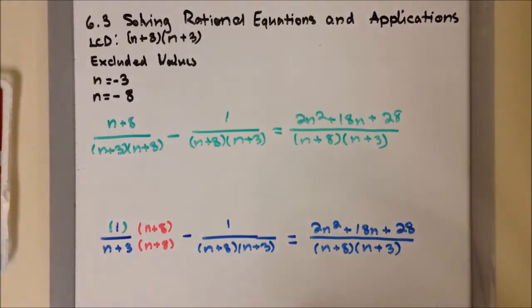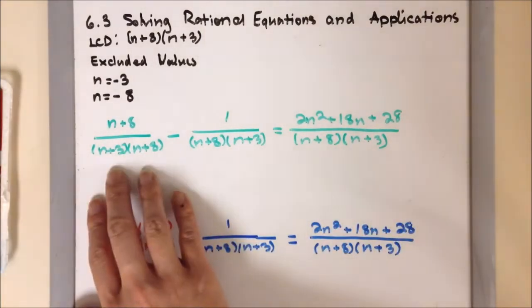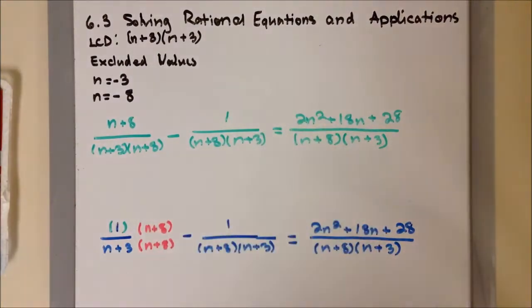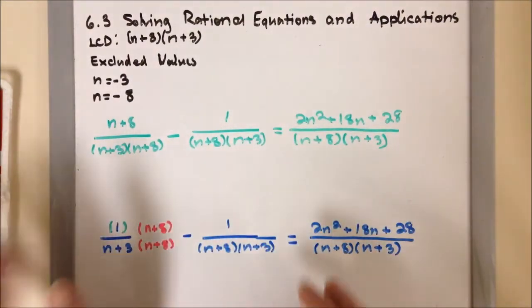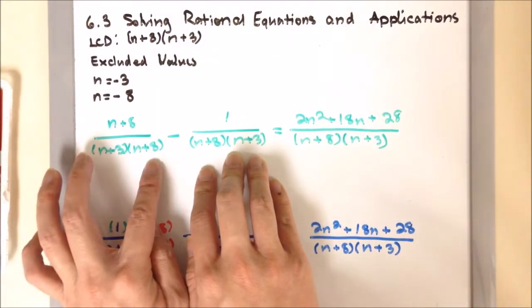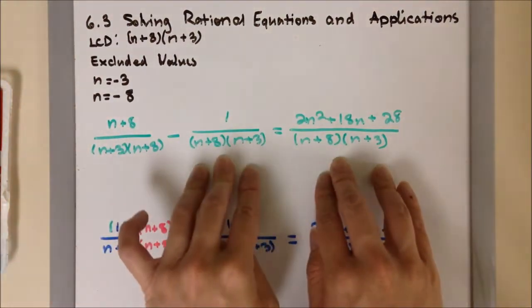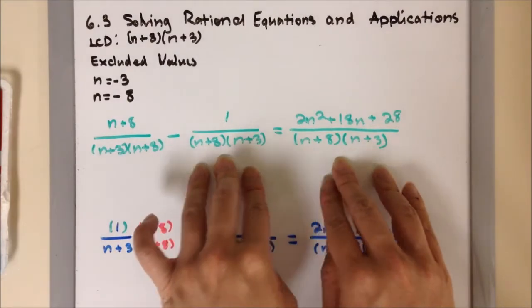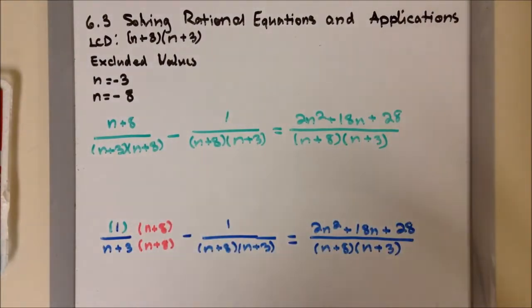So again, the first fraction changed and the last two stayed the same. Like I said before, the order does not matter, so n plus 3 came first and then n plus 8, and in the other fractions, n plus 8 came first and then n plus 3. Again, the order doesn't matter if you're multiplying.